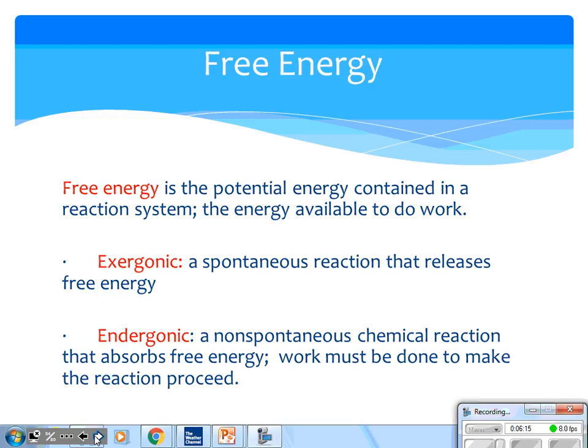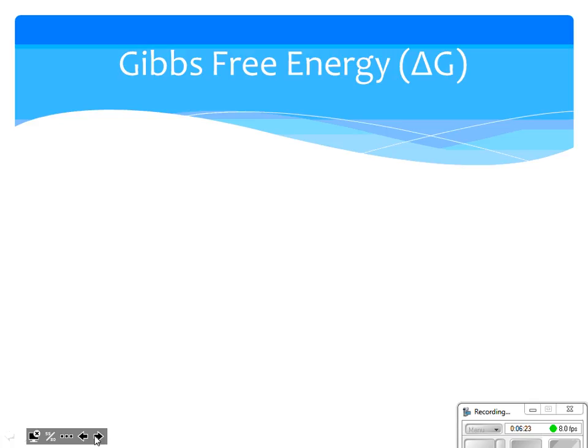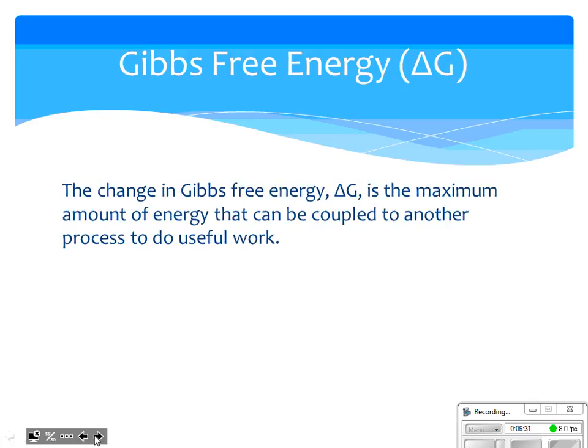So, exergonic releases free energy, endergonic absorbs free energy. Which leads us to Gibbs free energy, which is delta G.